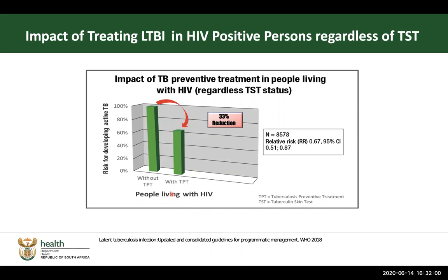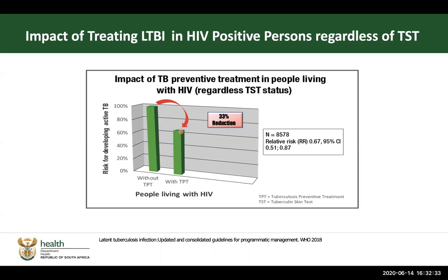So we do not go on to try and diagnose TB exposure or latent infection, but we provide TB preventative therapy, irrespective of whether we have TST results or not. And you can see there is significant benefit even when you take that approach, reducing the risk of developing active TB by up to 33%.